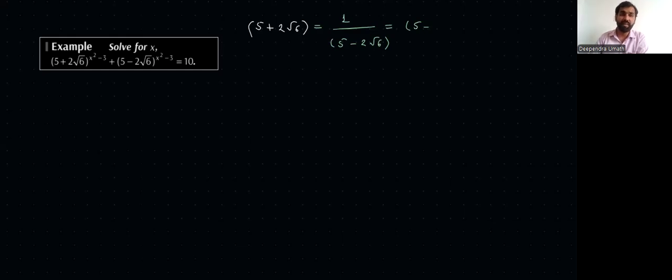Now, why are we discussing all this when solving this question? Please understand, for a while, can I take 5 plus 2 root 6 whole raised to the power x square minus 3 as, let's say, k?